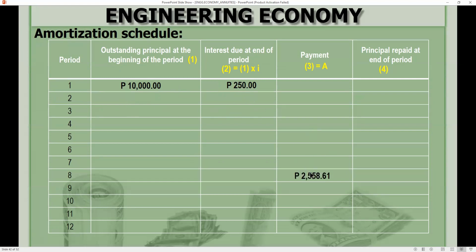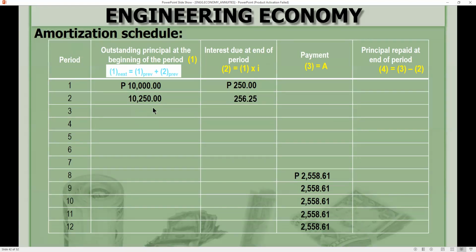The payment does not start until 8, so after 8 periods, then it is 5 payments. At the start of the second period, 250 is added to 10,000. The value here is 1 previous plus 2 previous, since we have no payment. Again, there is no payment there, so there is no entry.